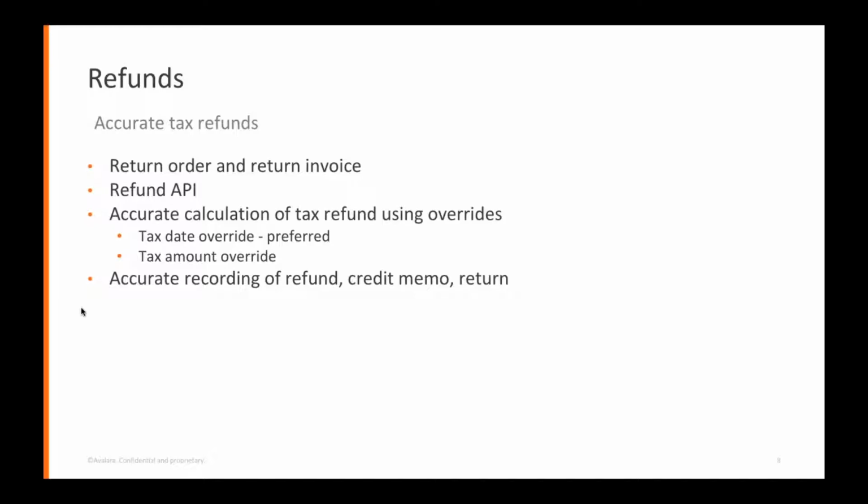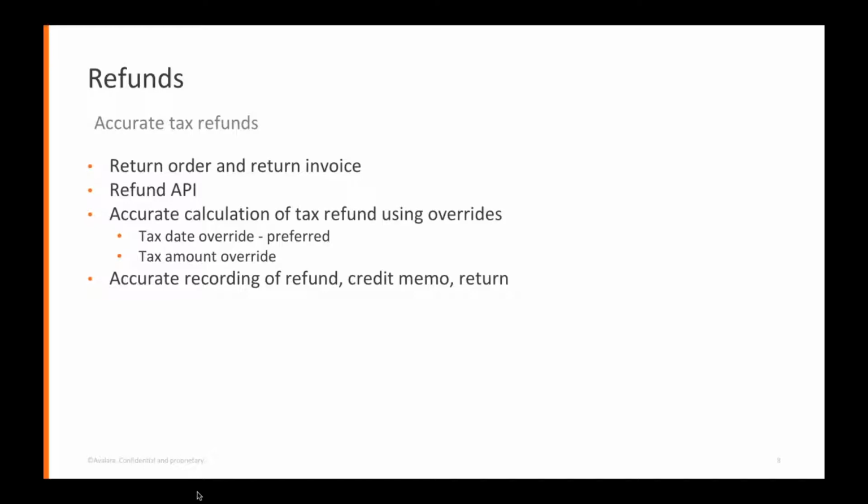So we'll pick up the original invoice date of March 15th, use that as the tax date override to say, use this date to calculate tax, March 15th, the date of the original sale, but put my document date as May 21st so that it gets included in my May activity.